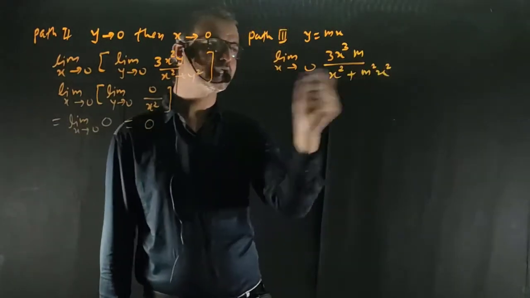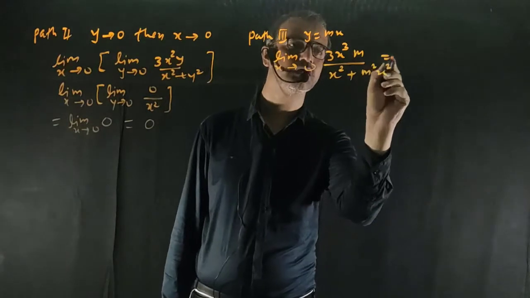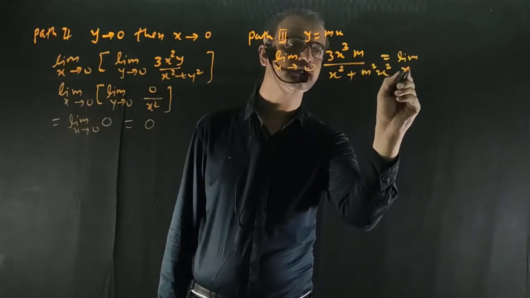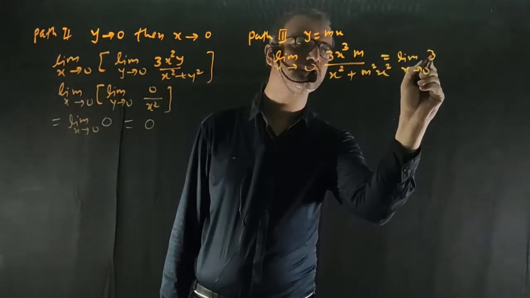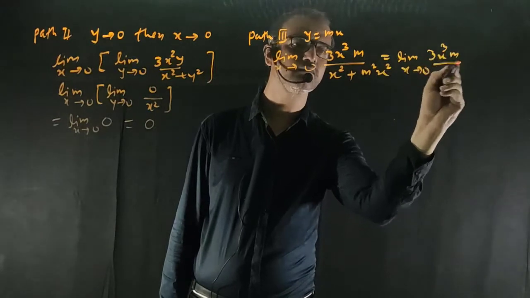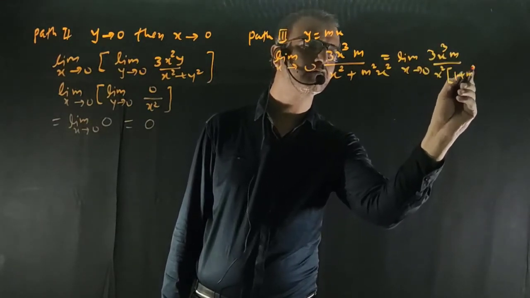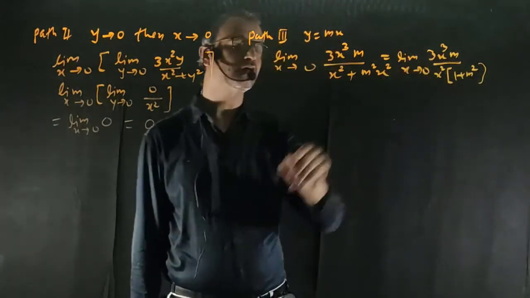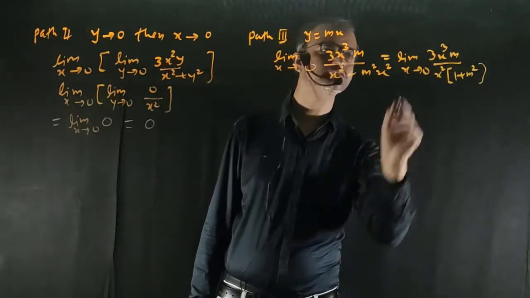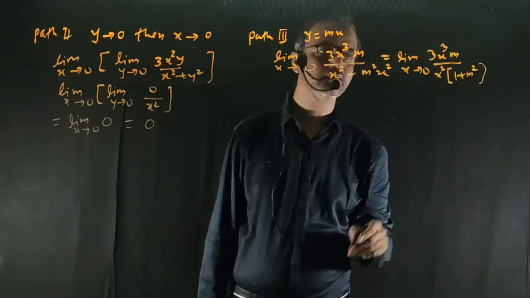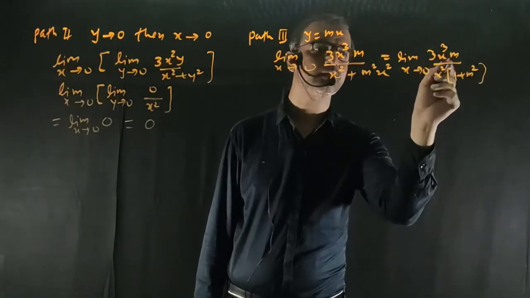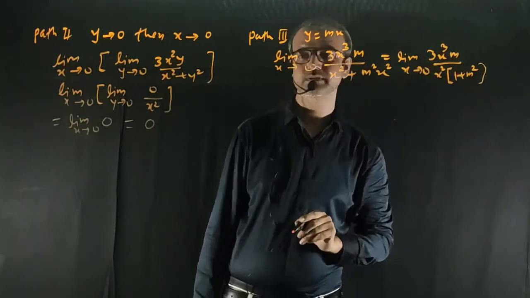Now taking x square common, we have limit x tends to 0, 3x cube into m divided by x square common, so into bracket we have 1 plus m square. Now x square will cancel out, so in the numerator we will have 3xm divided by 1 plus m square.